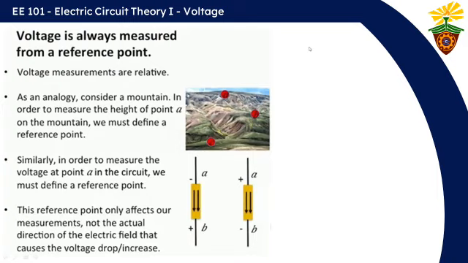So in this cartoon, you see that the electric field lines are actually pointing from A to B. We can take a voltage measurement measuring B as the plus end and E as the minus end. Or we could measure E as the plus end and B as the minus end.